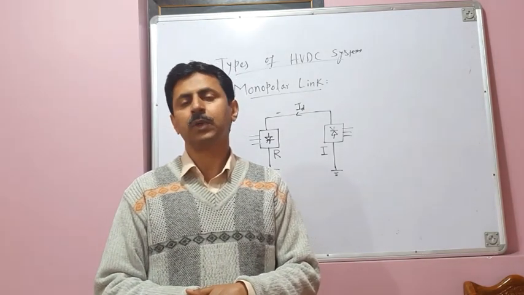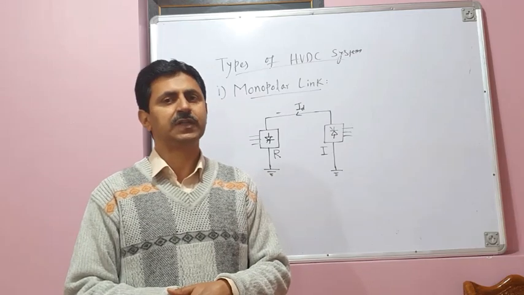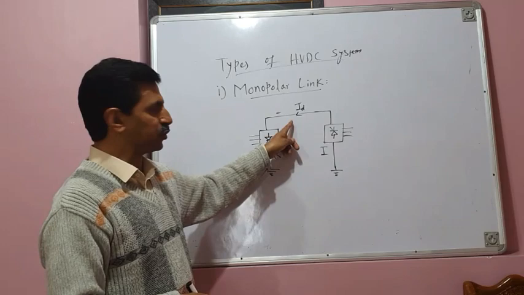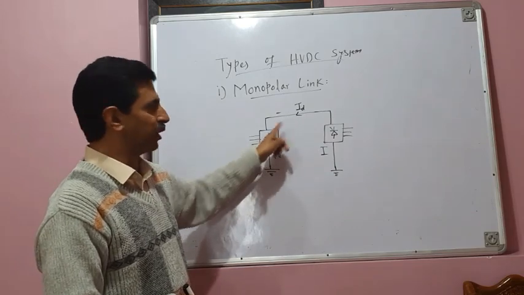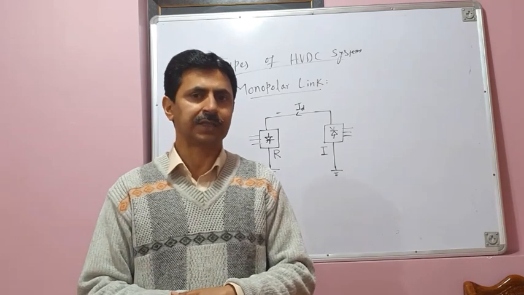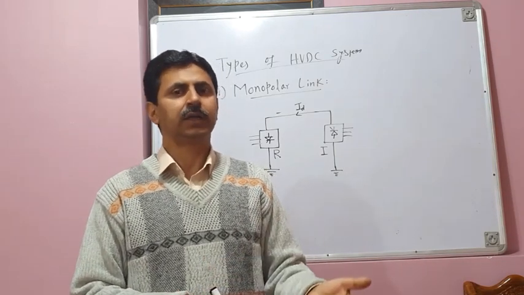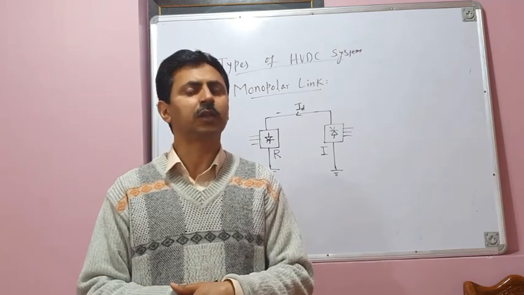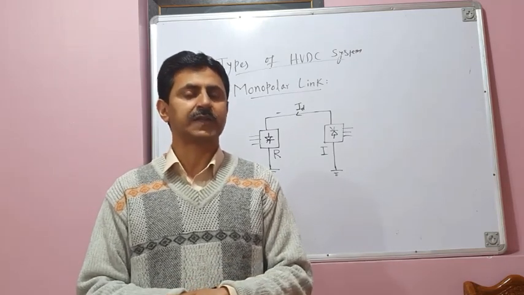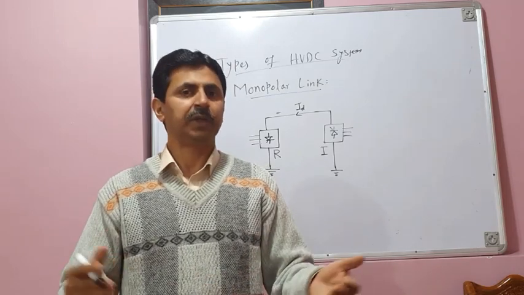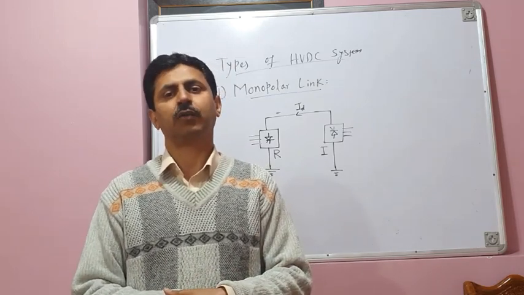But the problem with this type of HVDC link is that in the event of a fault on this pole, suppose this pole develops some fault, or one of the two converters develops some fault, in that case the power cannot be transmitted over the pole, because if there is a fault on the pole, it's not available for the transmission of power. So therefore complete blackout or complete shutdown occurs.